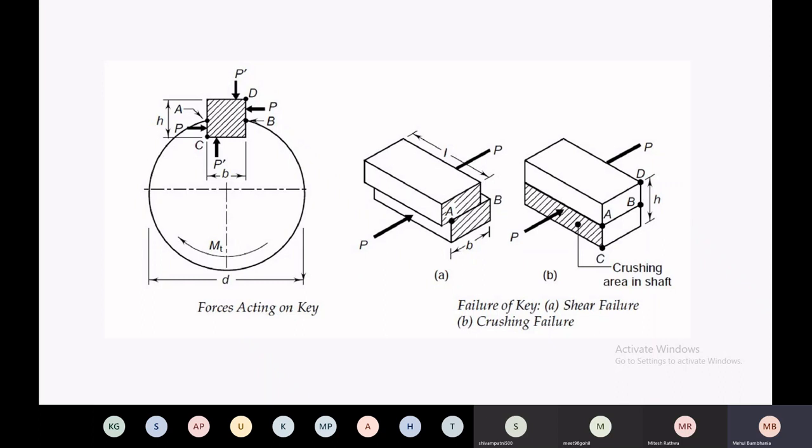Viscosity means when two layers of fluid travel with different velocities, because they have different pressure, and because of that relative velocity, a shearing action is generated between the two layers. That shearing action generates a force called the shear force in case of liquid.